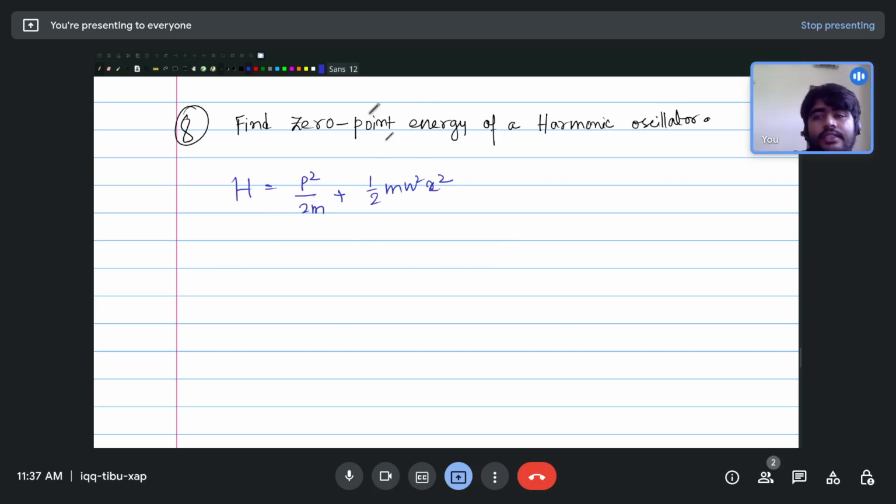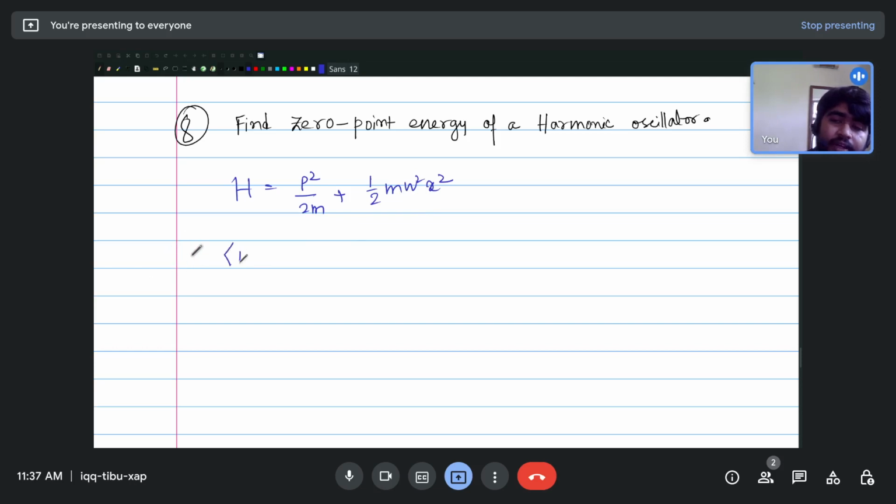Even if the particle is in the ground state, it has a finite energy. This is what they are asking to find, but not using the normal calculation, rather using some heuristics and Heisenberg's uncertainty principle.